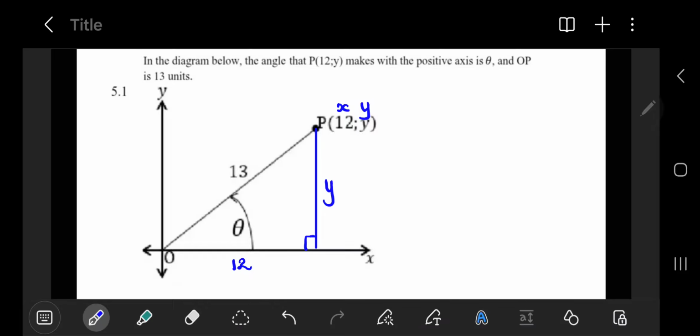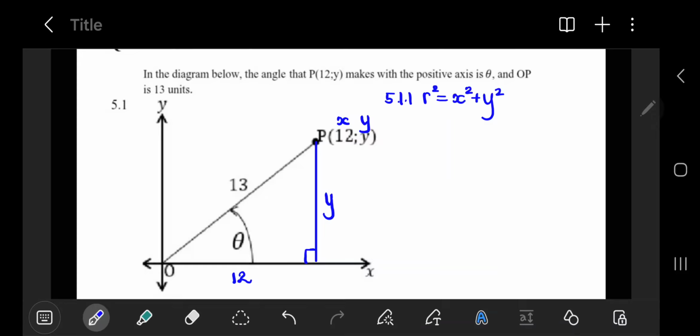So let's use that. So theorem of Pythagoras is r squared is equal to x squared plus y squared. Remember, r is your hypotenuse, so that's going to be 13 squared. X is the horizontal distance, so that's going to be 12 squared. And y squared is unknown. Let's just simplify.